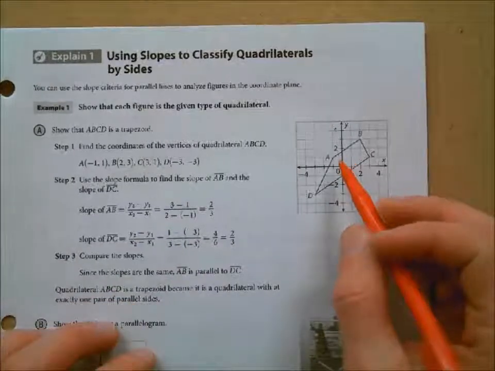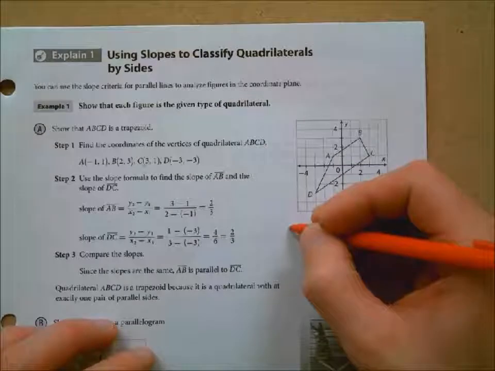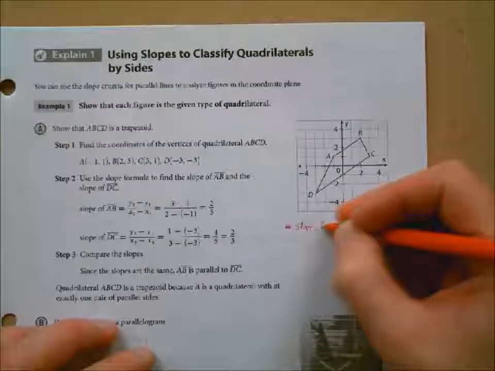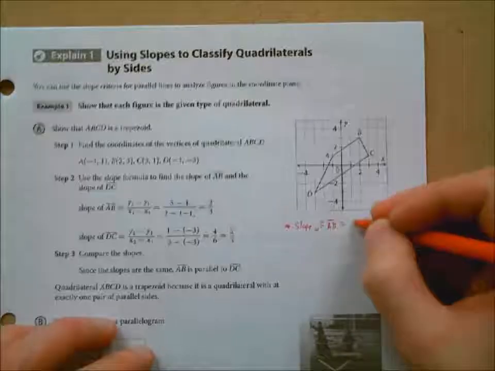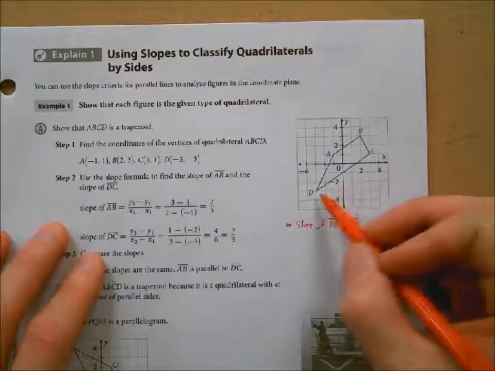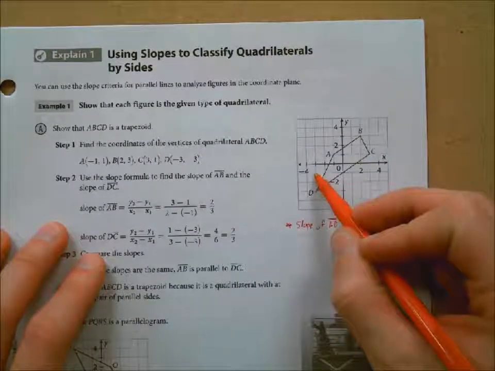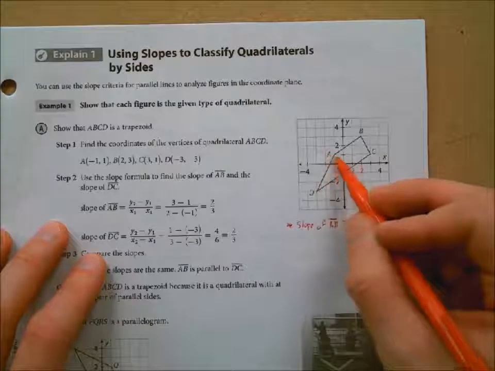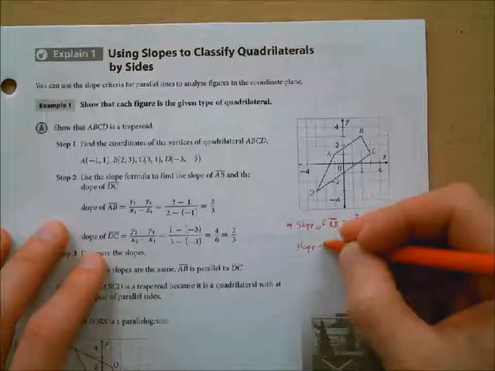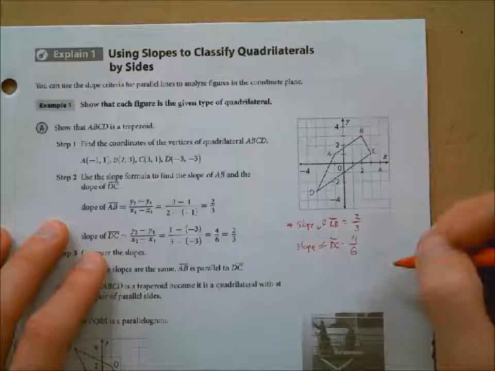Just count. So from A to B, we're going to rise 2 and run 3. So the slope of AB is literally just up 2 over 3. And then DC, we can do the same thing. We can rise 1, 2, 3, 4, and run 1, 2, 3, 4, 5, 6. So the slope of DC is 4 over 6.